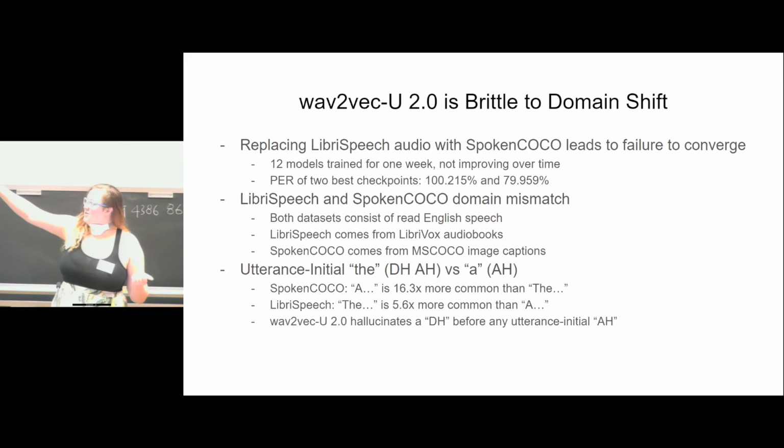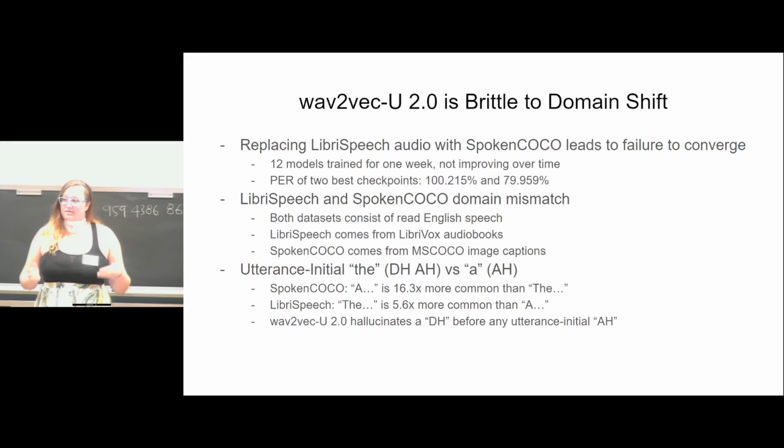There is some domain mismatch between Librispeech and spoken COCO. Although both data sets consist of read English speech, the Librispeech data is coming from LibriVox audiobooks, while the spoken COCO data are read aloud MS COCO image captions. And we can see the effect of this domain shift in, for example, the one thing that all of our models seem to consistently learn, which is to start sentences with "the", right? Which initially looks good.